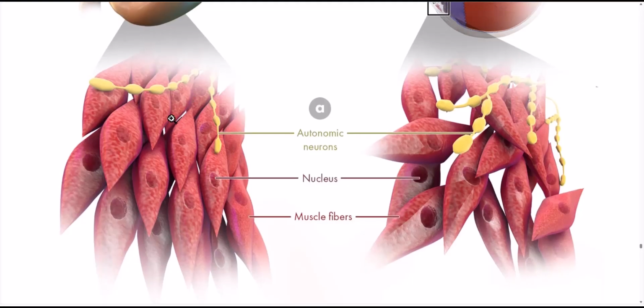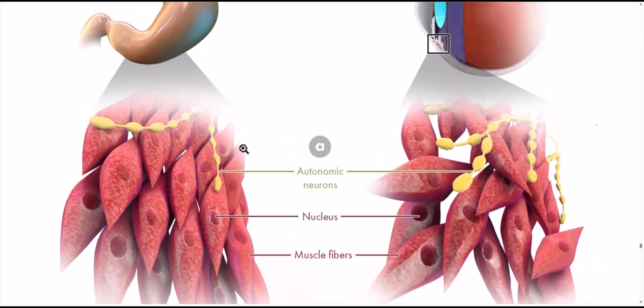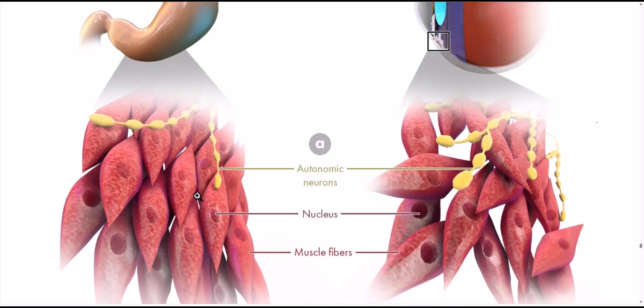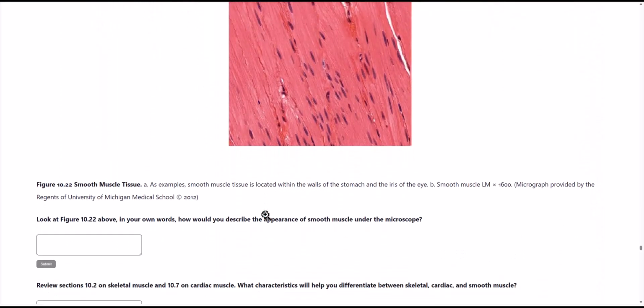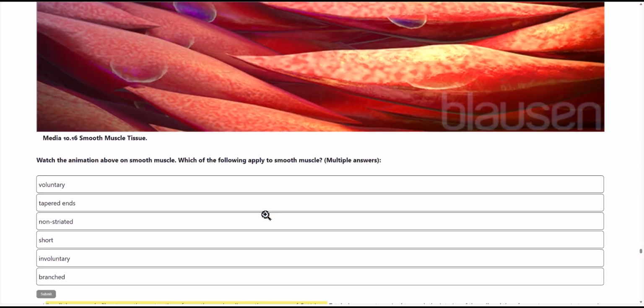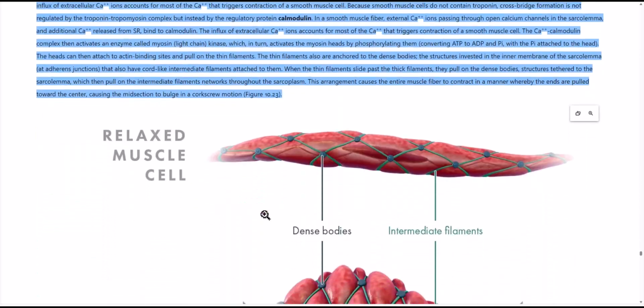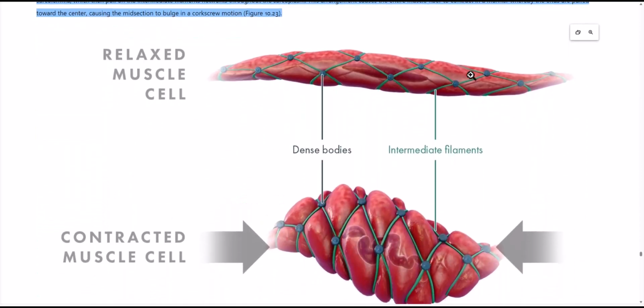The picture here is showing us that the cells are individual. They are cigar-shaped cells, or what we call fusiform in shape, and they are not striated. Watch the videos, but when these cells contract, here is a relaxed smooth muscle cell, and here is a contracted muscle cell.